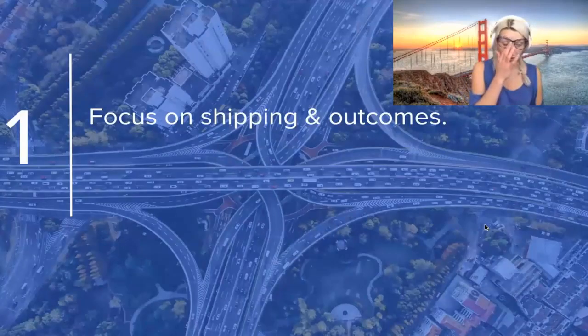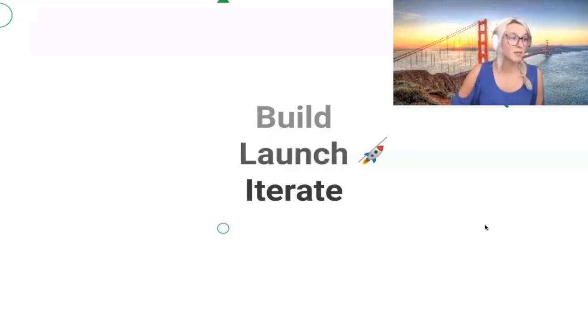So first, focus on shipping and outcomes. This is critical. We had the motto of build, launch, iterate. So we really, really focused on deploying our code as quickly as we could and pushing out features as fast as we could. Now, this was a case where we were really looking to validate the use case of this product.